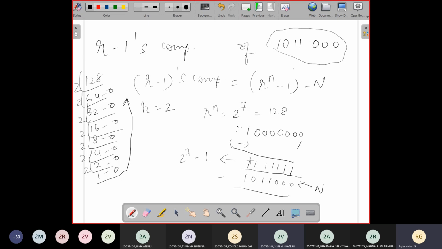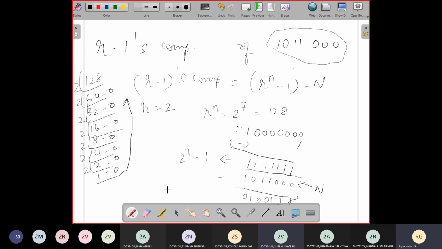You are following? From that I am subtracting the given number. So what is the result? 1 here, 1 here, 1 here, 0 here, 0 here. This will be 1 here, this will be 0 here. So is it correct? Okay.